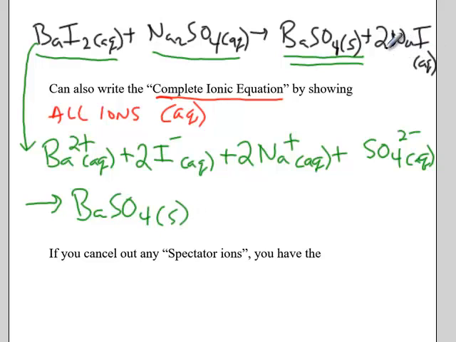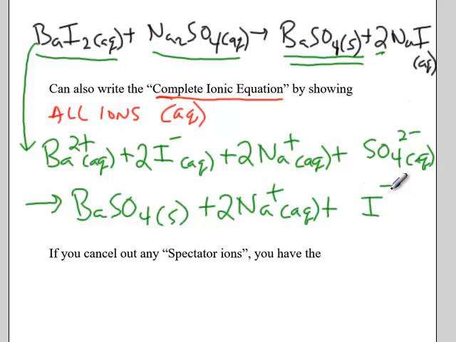And then the other product is ionic sodium iodide, and it's aqueous. And notice this one has a coefficient of 2. So if we broke down one sodium iodide, we would just have one sodium cation in solution. But because we have two of those, we have to have two sodiums floating around. Same thing for the iodide.